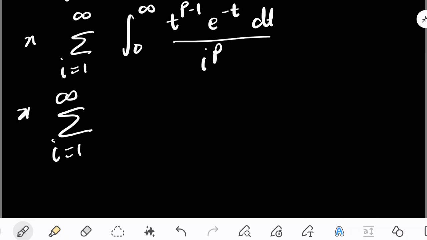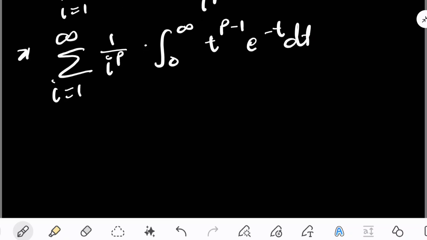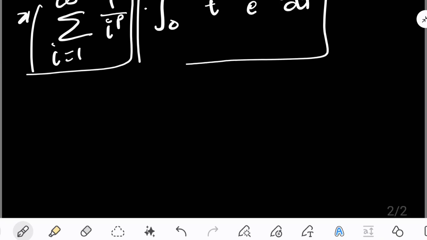So just bring it out of this integral and you get the summation from 1 to infinity of 1 upon i raised to the power p into the integral 0 to infinity of t raised to the p minus 1 e raised to the negative t dt. And notice that this thing is simply zeta of p, and this is the gamma of p, right?